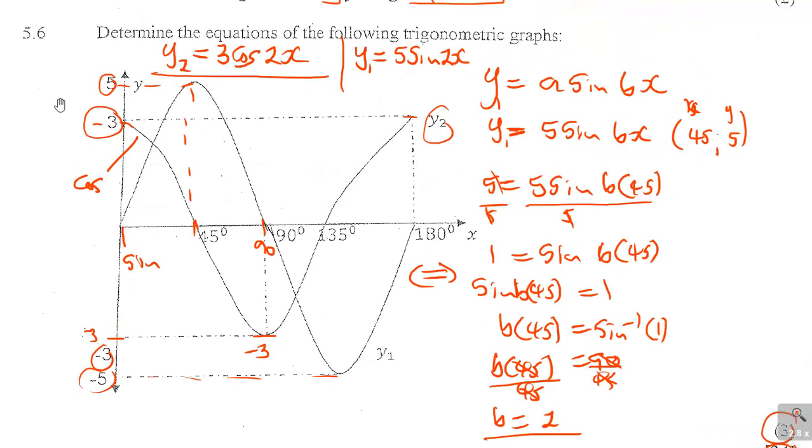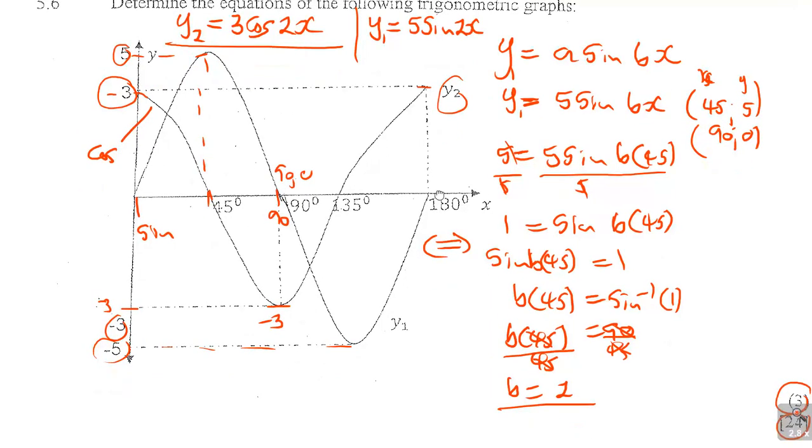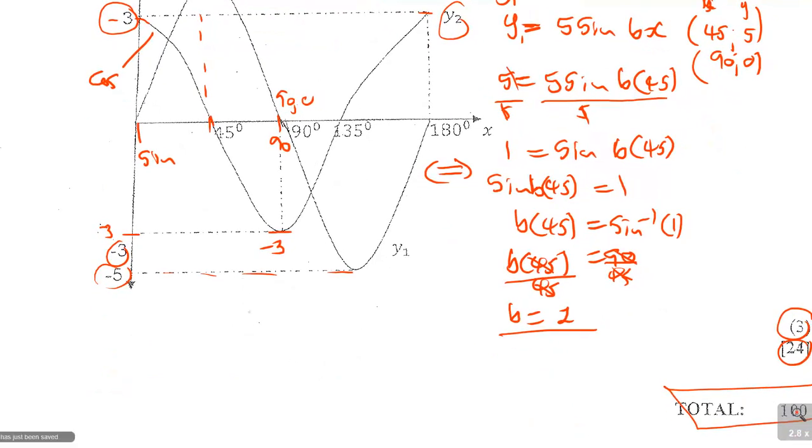I chose 45 and 5, but let's say I wanted to choose a coordinate here which is 90 and 0. So in here you'll have 90 and y is 0. When you substitute that, you'll see that it will defeat the purpose because you're not going to get anything.